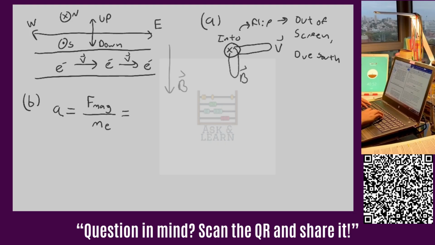Right? So the magnitude of the magnetic force is going to be given by the absolute value of the charge of our particle, in this case an electron, so the electric charge, multiplied by the speed of the electrons, multiplied by the magnitude of the magnetic field through which they are traveling. And if we look at the direction of the velocity completely to the right and the direction of the magnetic field completely down, the angle between those two vectors is 90, and our sine of 90 term can just go to 1.